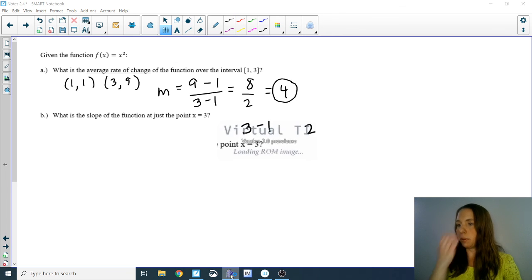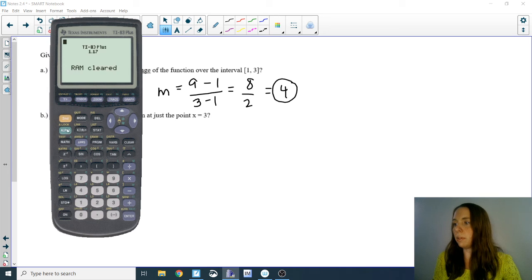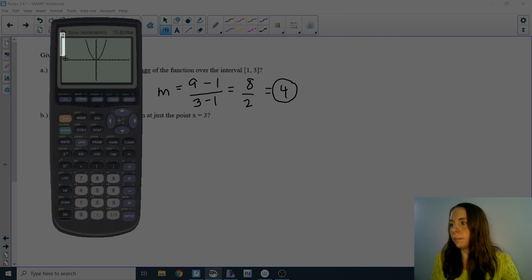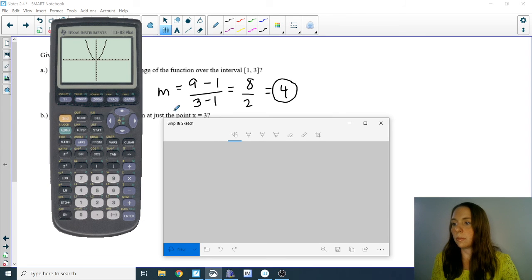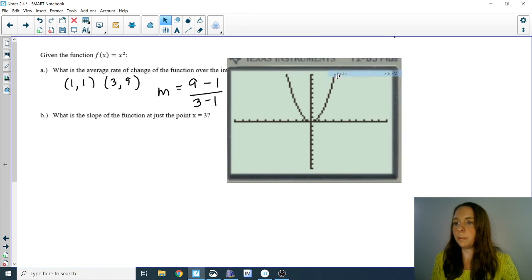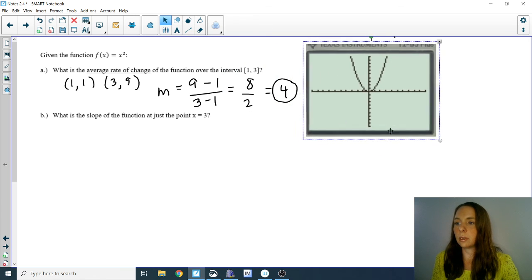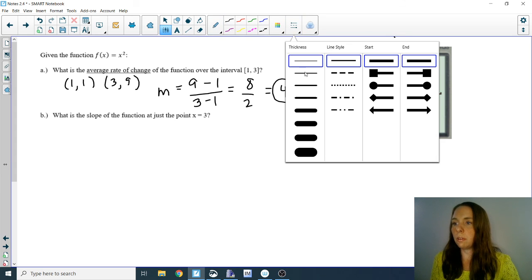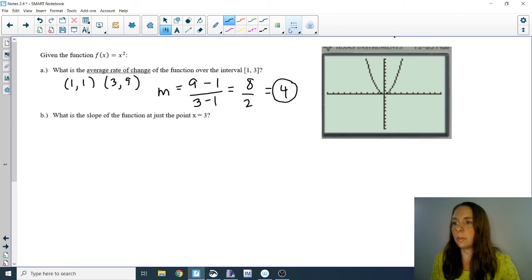Just to be real quick here with time, I'm going to grab the graph of y equals x squared. Okay, and we'll paste it in here. Just to remind you that what we just did was we found the slope of this line.